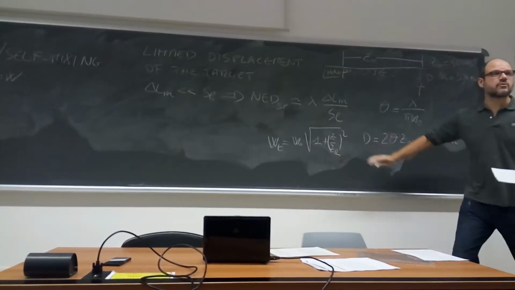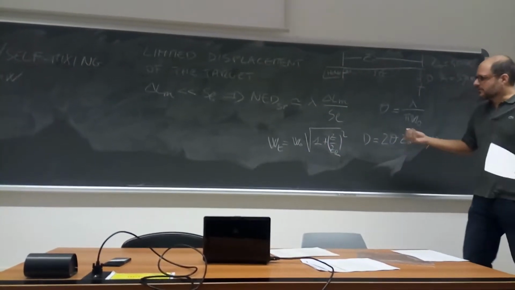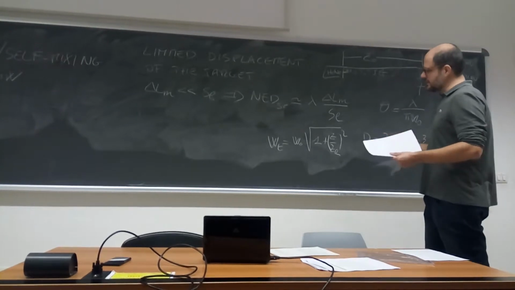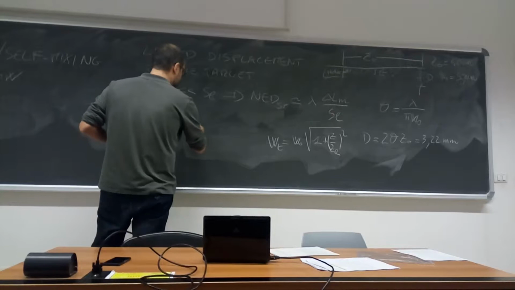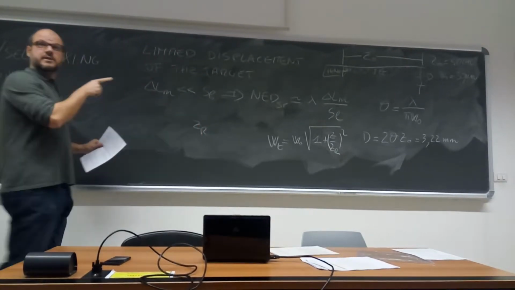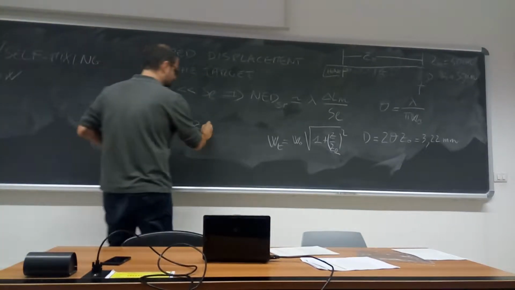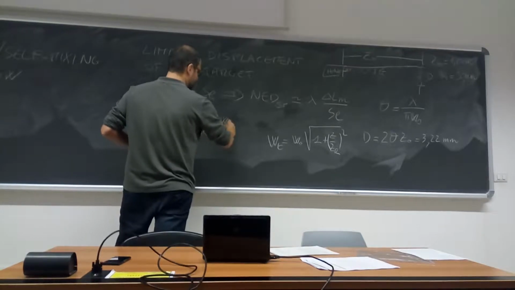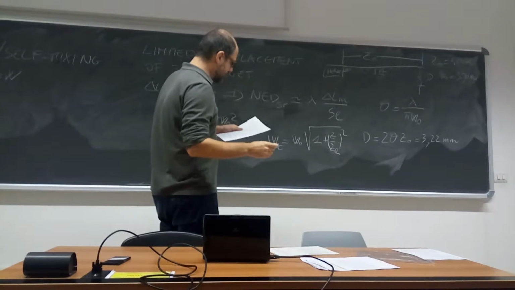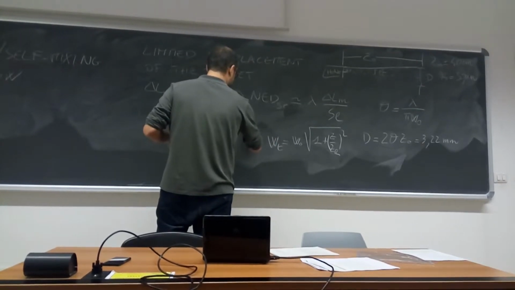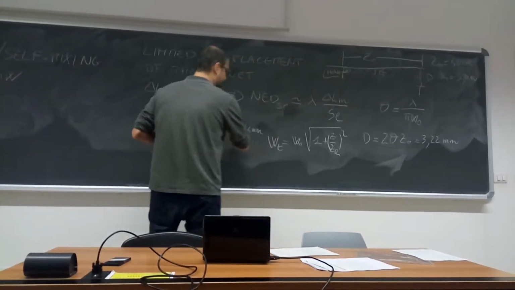This is what we have just seen. Now, it is good to consider what the Rayleigh distance is in this condition. This is equal, again, to pi W0 squared divided by the wavelength, and this is in particular equal to 12.4 millimeters.